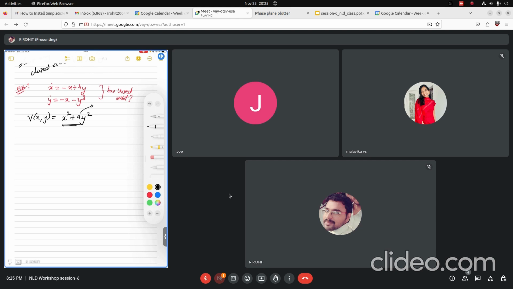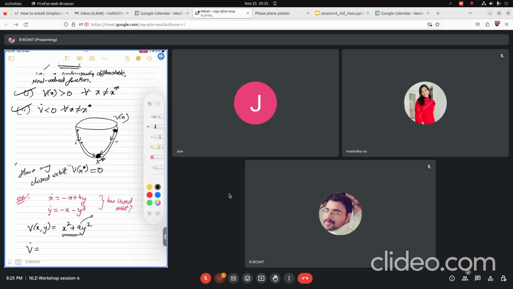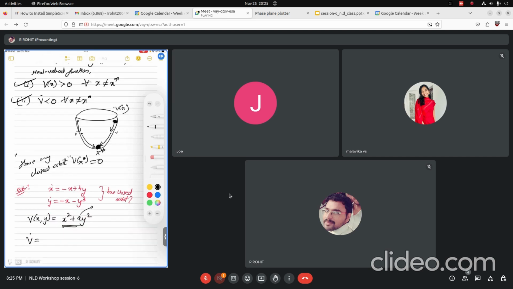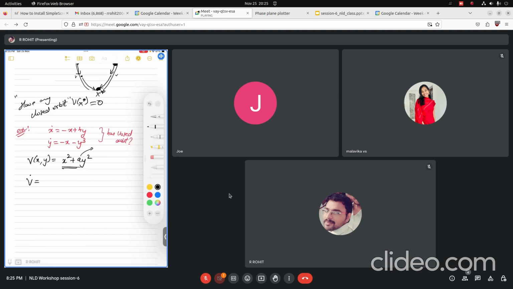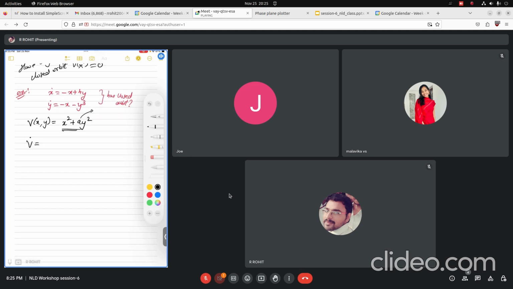So if you define v of x is equal to x square plus a y square, we will find the v dot value. We just need to check these two conditions. If both work, then you can say a Lyapunov function exists for this system, and you can say there are no closed orbits. So that's our motive. For that, first we will find the value of v dot.